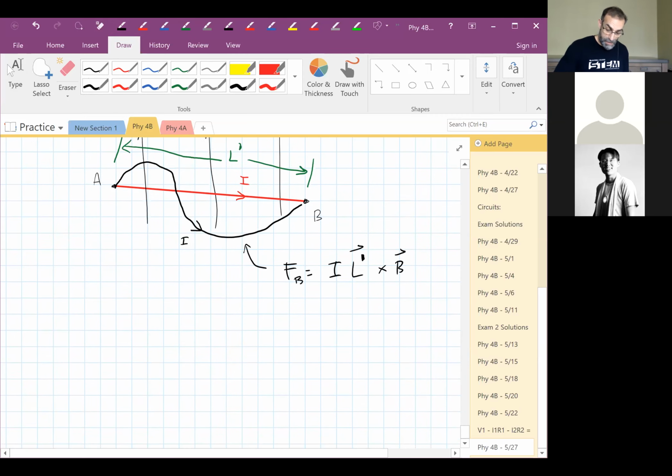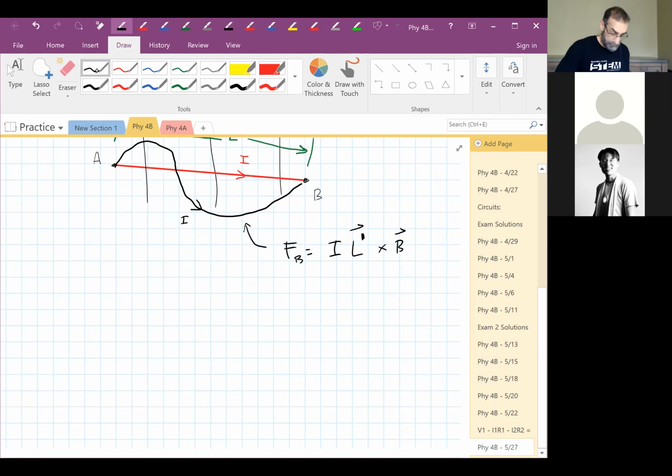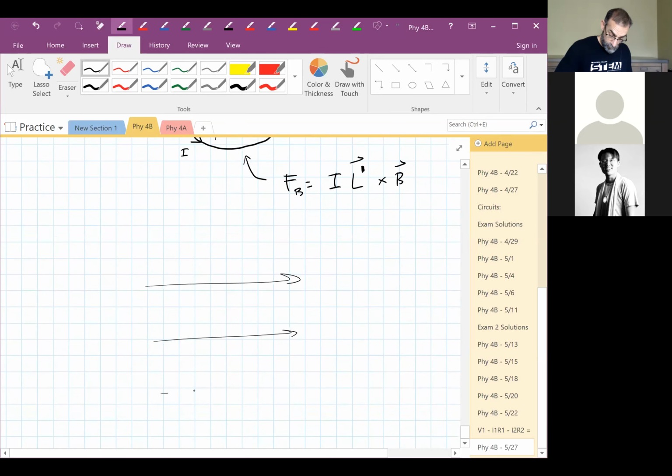So what's the force on this thing? A current loop.